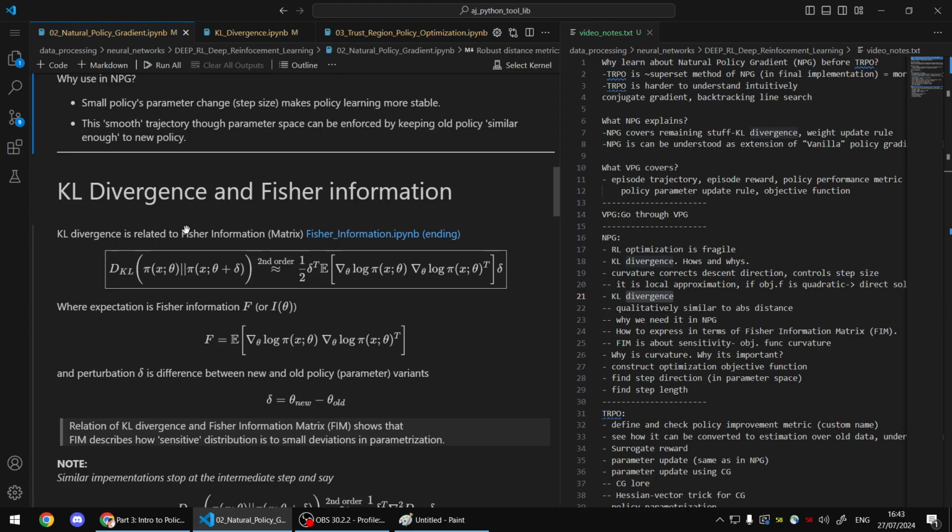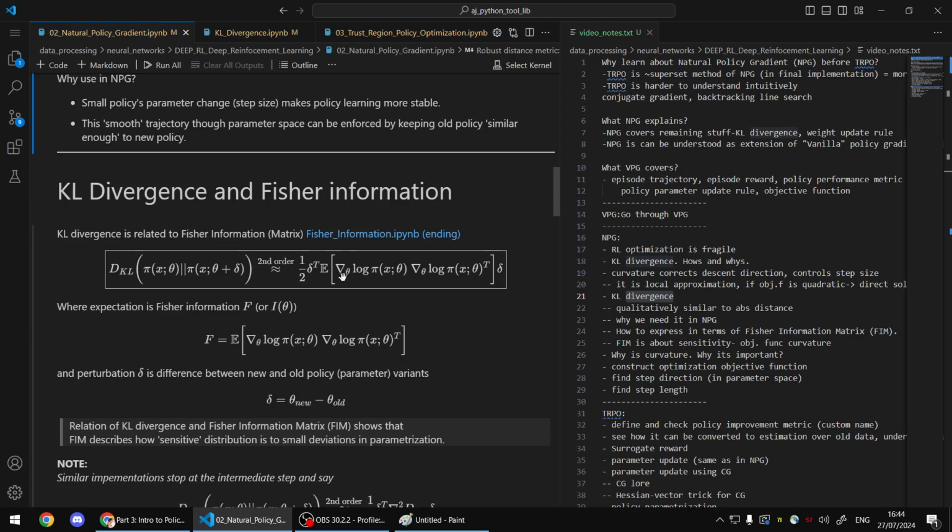Actually, it's not easy to calculate this KL divergence in any case, but in this particular case, we can show that for NPG we can express it in terms of things that we actually use for our calculations.